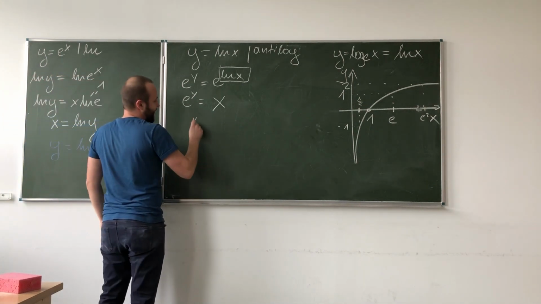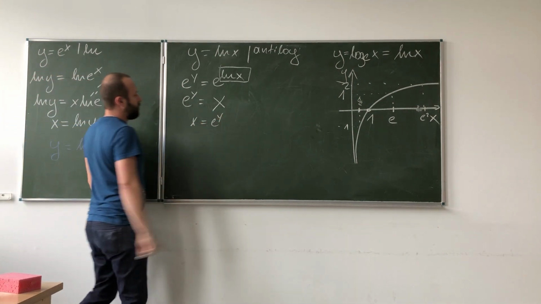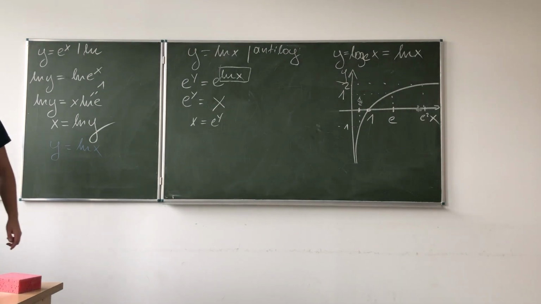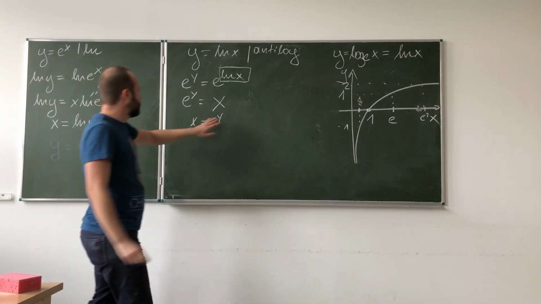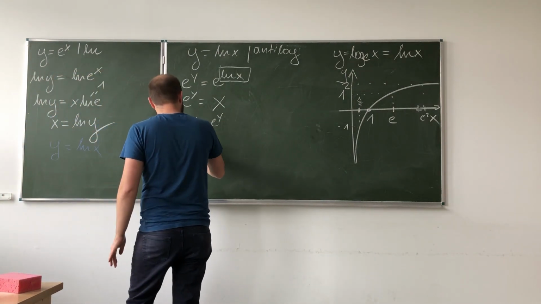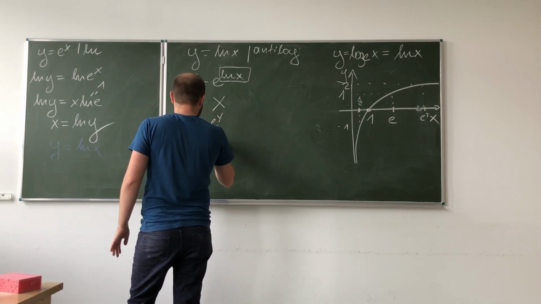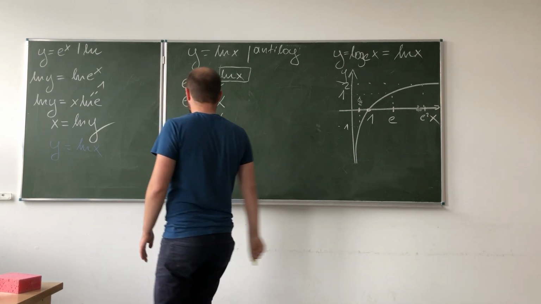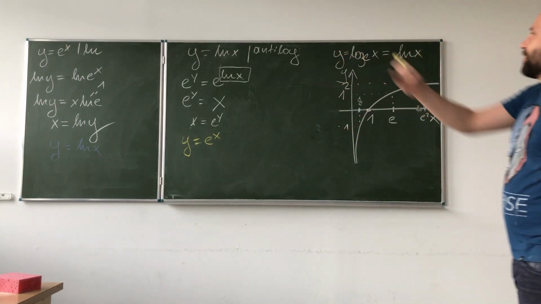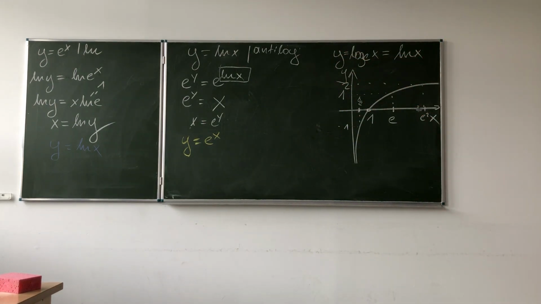So we've got that x is equal to e to the power of y, which again, if I'm going to change the notation over here, I'm going to end up with a natural exponential function.